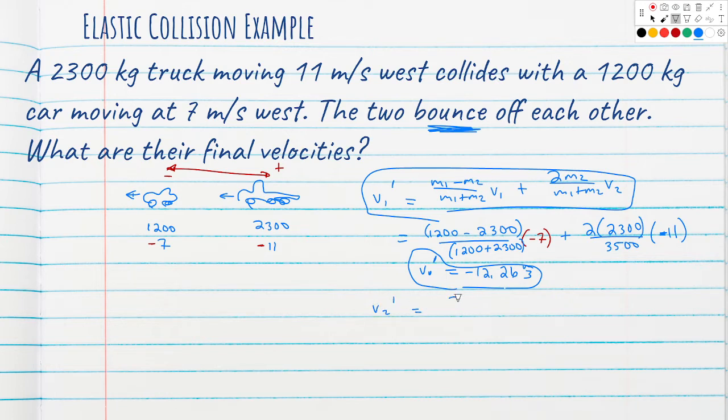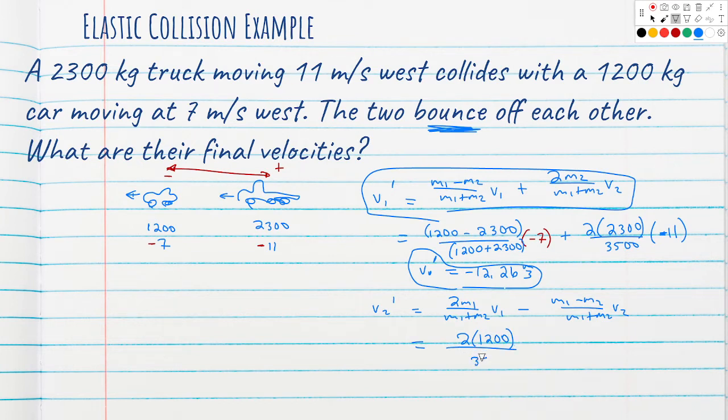V2 prime is 2m1 over the sum of the masses times v1 minus m1 minus m2 over m1 plus m2 v2, like that. As long as you get the signs in and can deal with the fractions on your calculator, it's going to be okay.